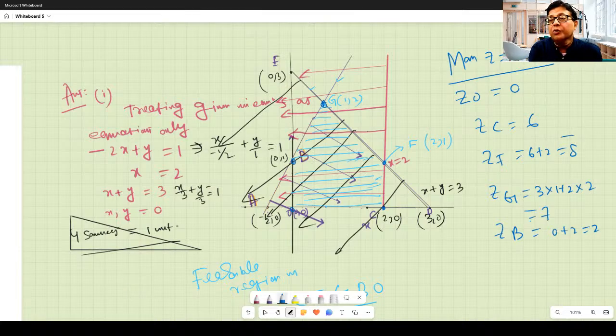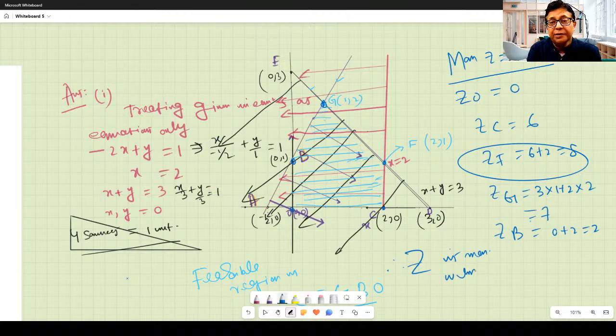So, maximum value occurs here, 8. So, Z is maximum when x equal to 2, y equal to 1 and Z max equal to 8. Clear?